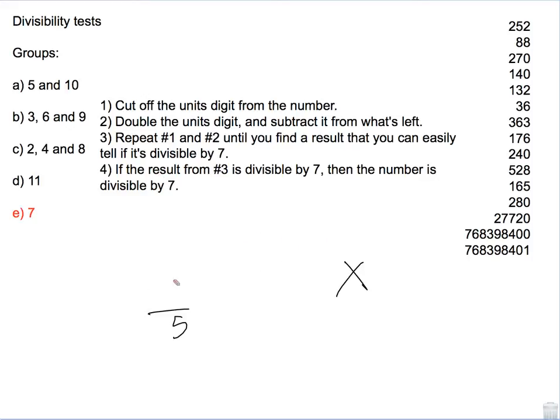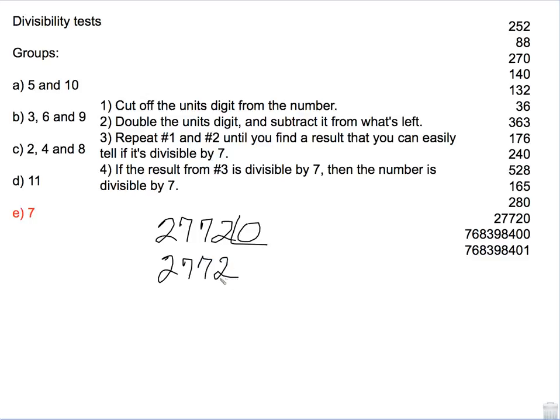Let's do one of the larger numbers. Let's do 27,720. And when we cut off the 0 and subtract it, we're not going to change this number at all. So we'll just forget that and go on to 2772.